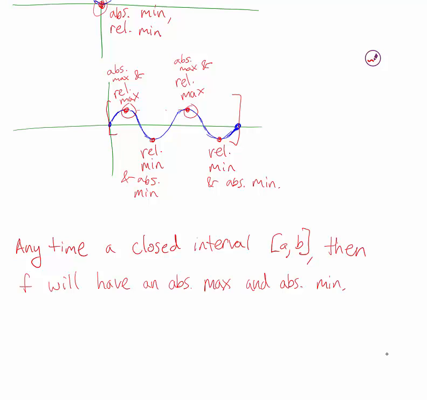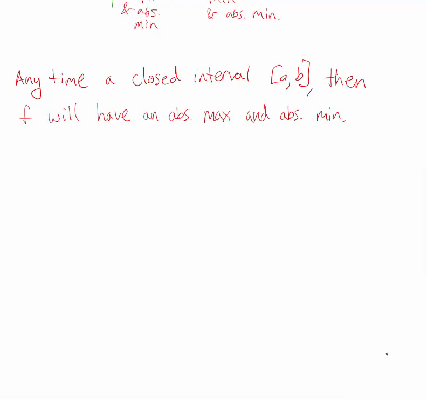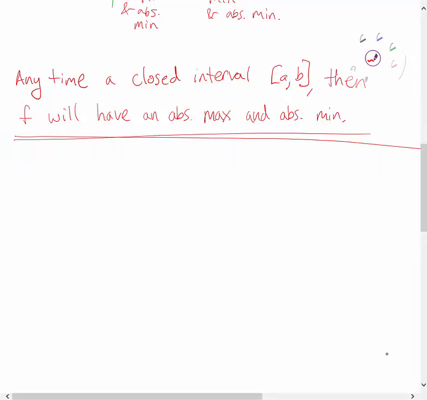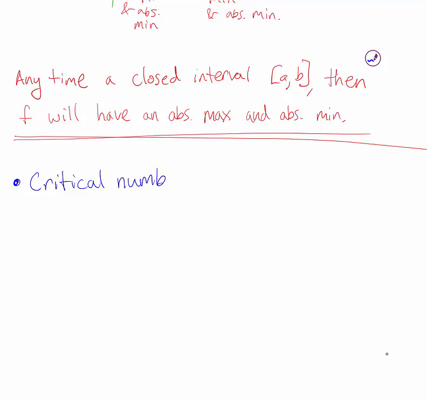Now, there are some things called critical numbers or critical points. You'll see it both ways, but this is something that's very, very important. Some books or some problems will call it a critical number, and sometimes you'll see it called a critical point or even a critical value. But really, if you see the word critical, that's what we're thinking about.